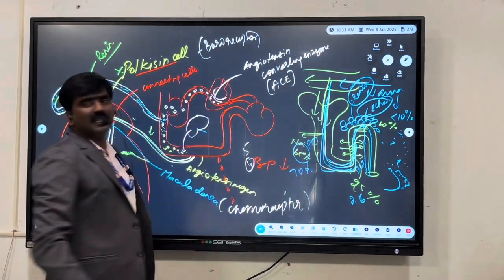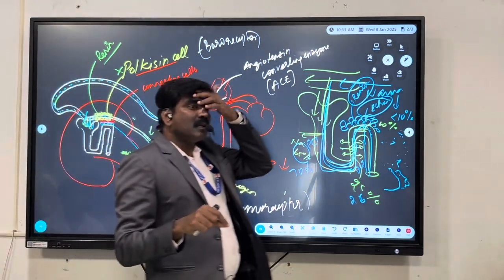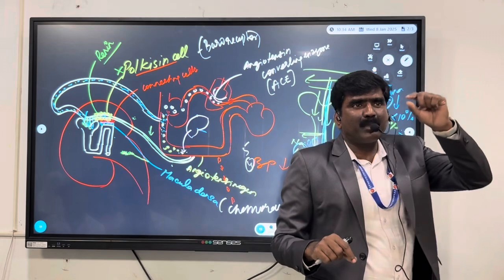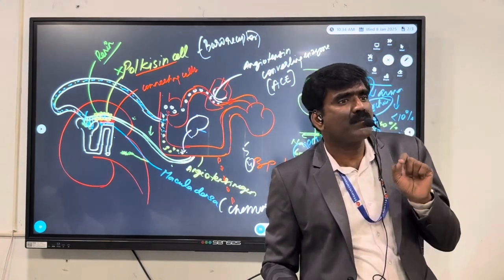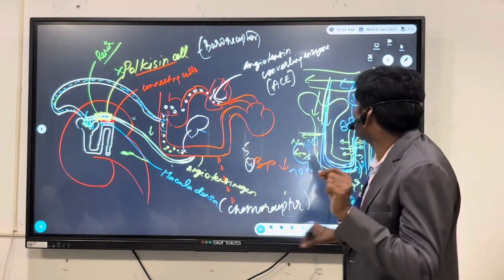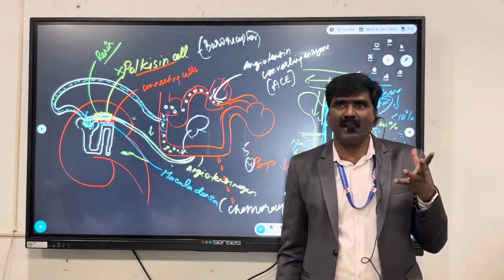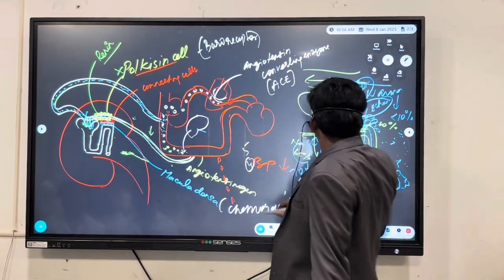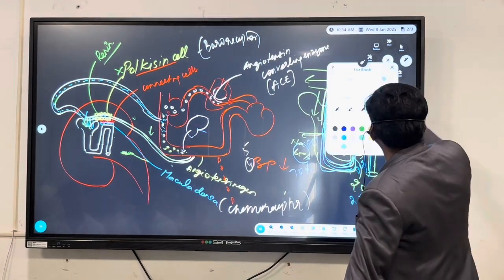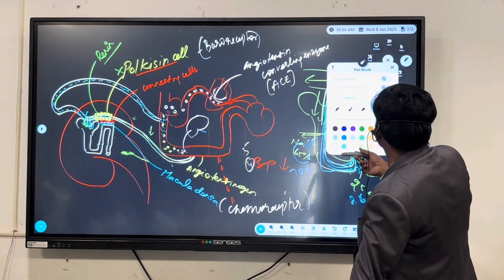Where is it present? It is present in the lung only. What is the function of angiotensin converting enzyme? It converts angiotensin 1. What color is left? Pink.